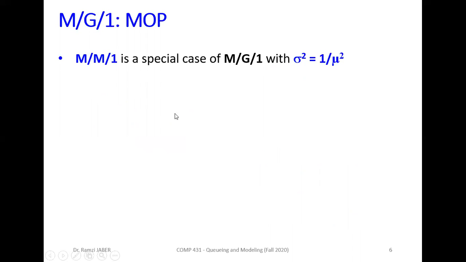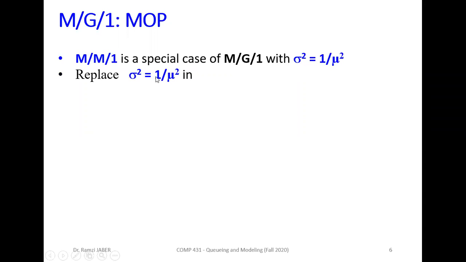Special case, when we have M/M/1, the M, exponential distribution of service time, is a special case of G, general distribution, with variance 1 over mu square.